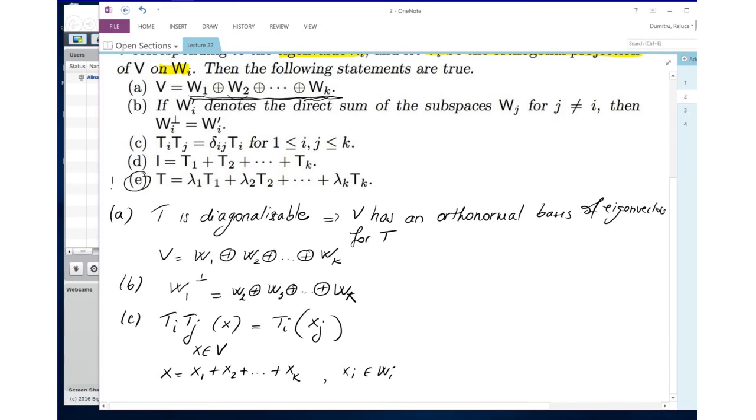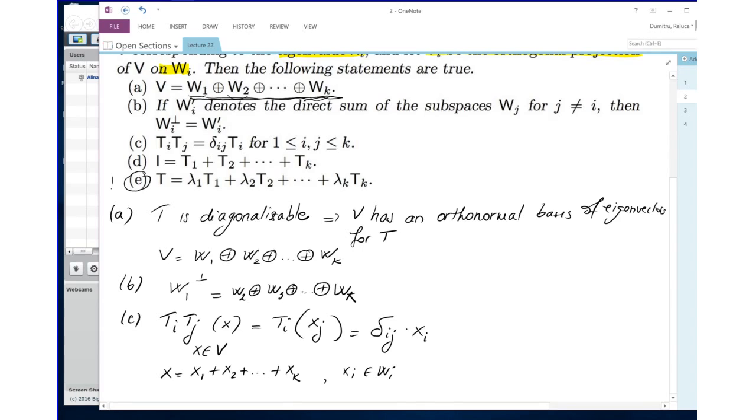But now Ti comes, which is the orthogonal projection onto Wi, and you apply that to something that is in Wj, what happens? Well, unless i equals j, you're going to get 0, because Wi and Wj are orthogonal, right? So this is just delta ij, the Kronecker symbol, which is 1 when i equals j and 0 otherwise, times xi.